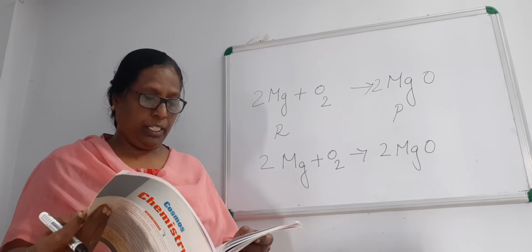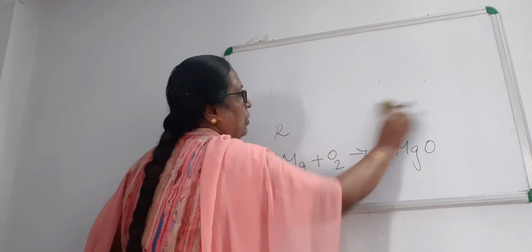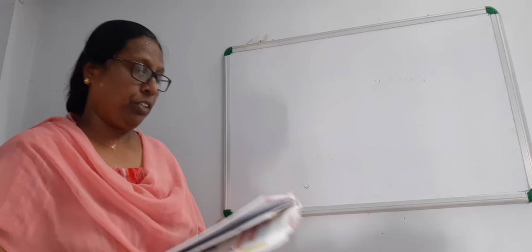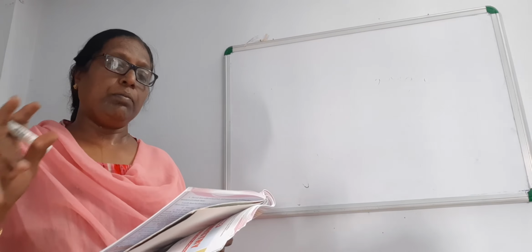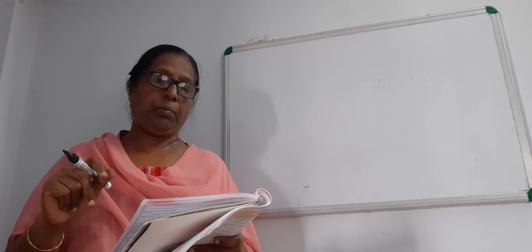This is page number 81: how much. The question will be based on the chemical equations. How much lime is obtained on heating 12.5 gram of calcium carbonate?